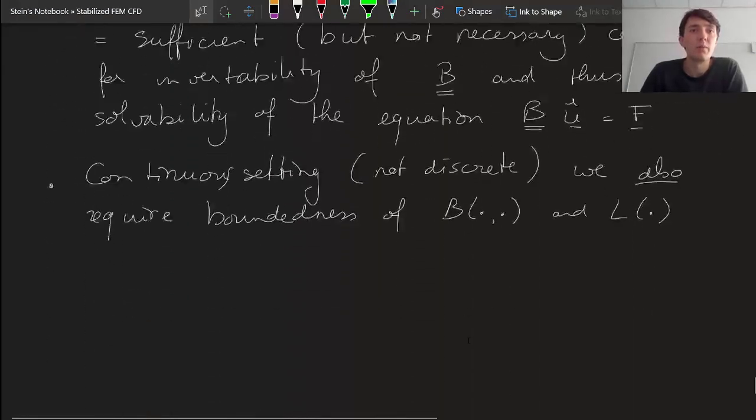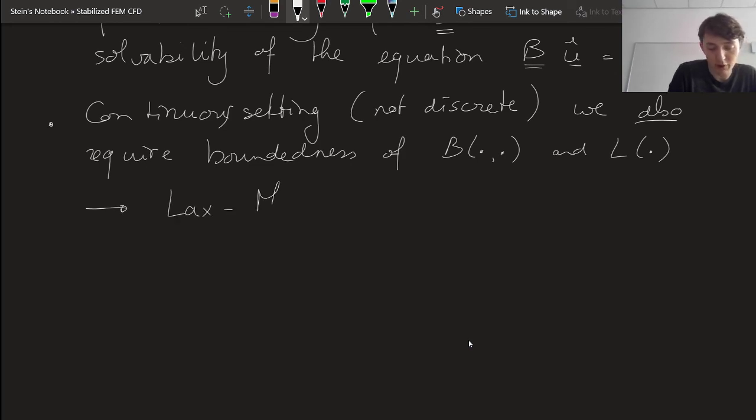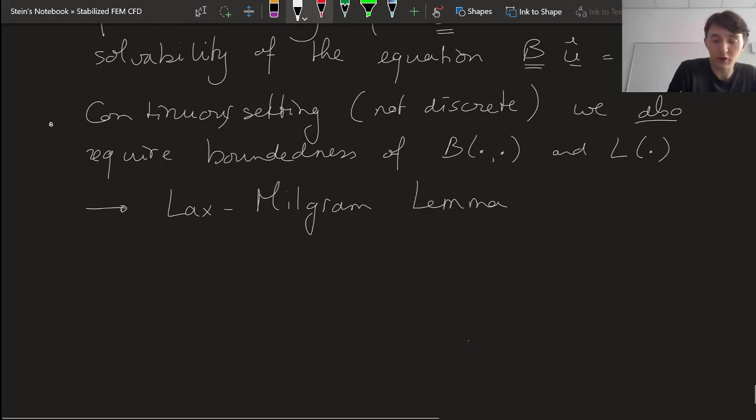So yeah, and the last thing I would like to point out, this is actually a very famous result in our field. This is called the Lax-Milgram lemma, which is something that you might come across repeatedly.